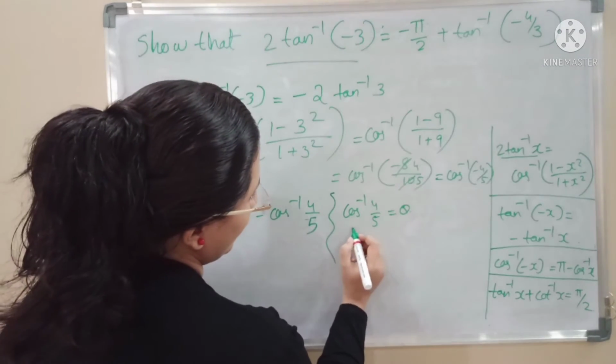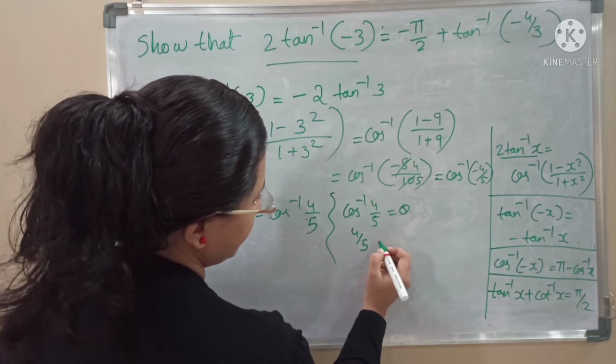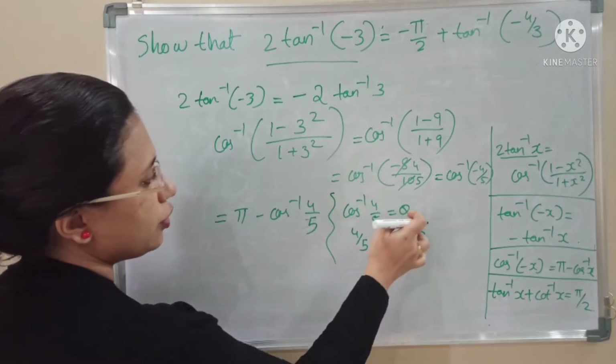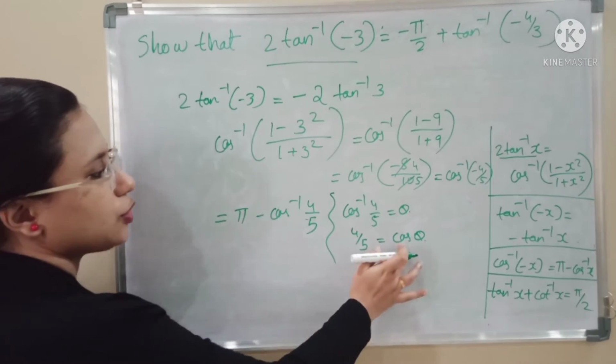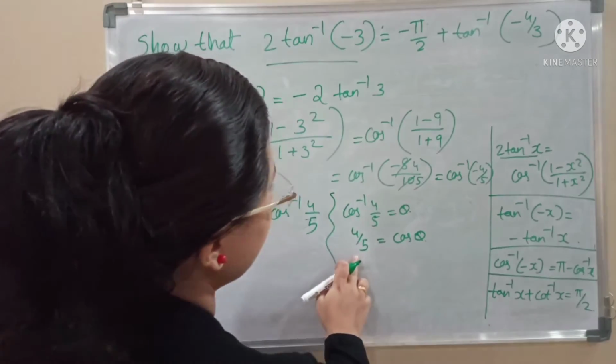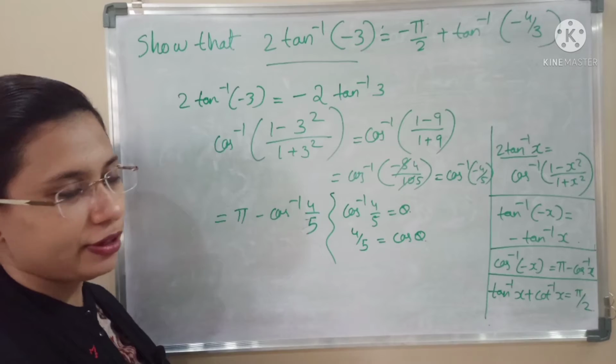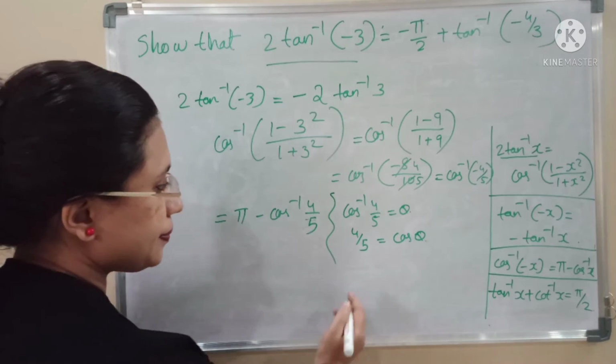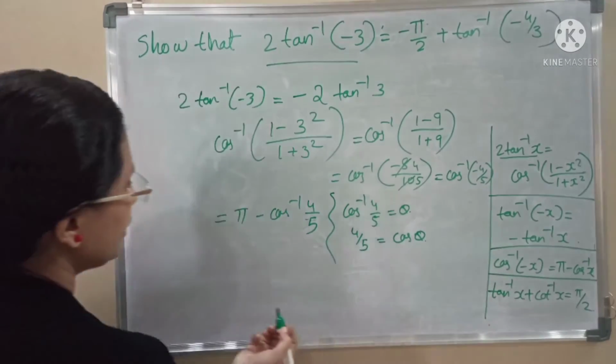Then 4 by 5 equals cos theta, since the inverse is taken to the other side. So cos theta equals 4 by 5. From this value can we get tan theta?